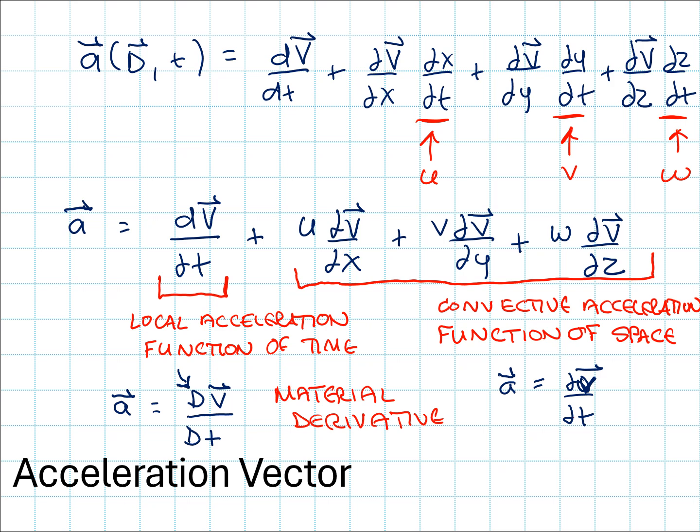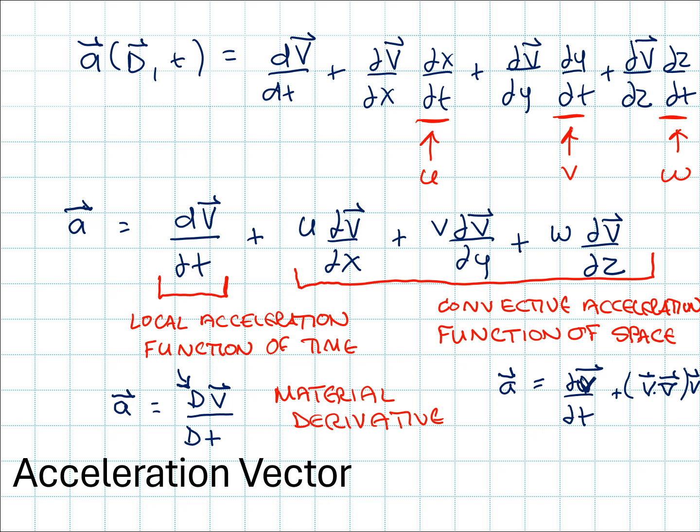Sorry, that's a big V there. And then the second part that has the three terms that are a function of space, the convective acceleration, can be written using the gradient operator, so V dot del V.